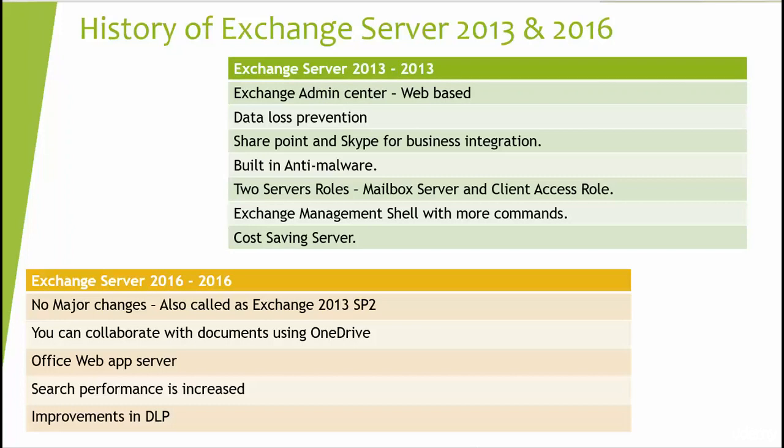The other change was data loss prevention. Data loss prevention is really a good thing because it is a system designed to detect a potential data breach, leakage, or incident in a timely manner and prevent it. It protects sensitive data such as personal or company information.